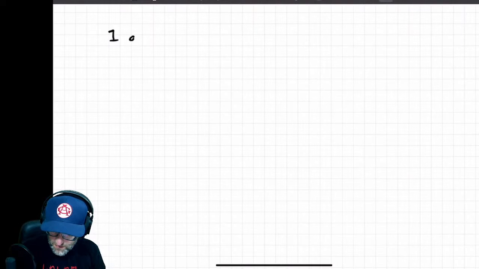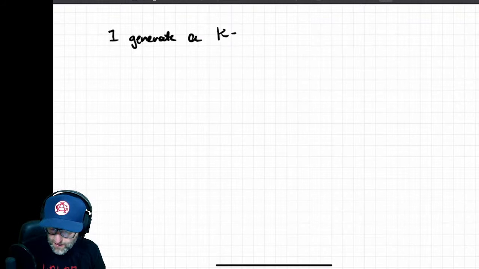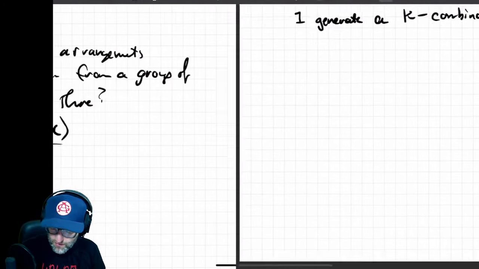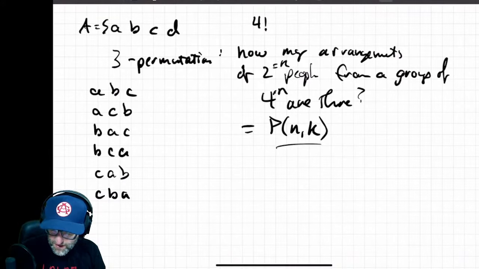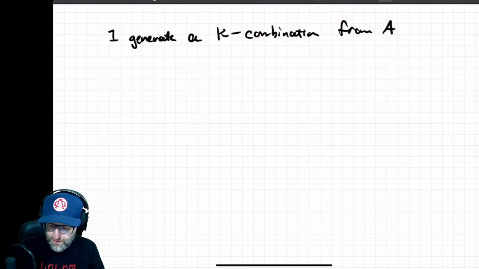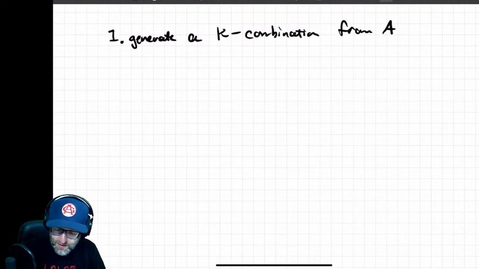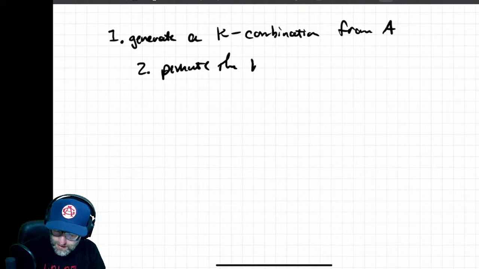One, generate a K combination from the set A. Again, we were just calling this A. So given a set A of elements, generate a K combination. Then two, permute the K combination. Let me give this a label.